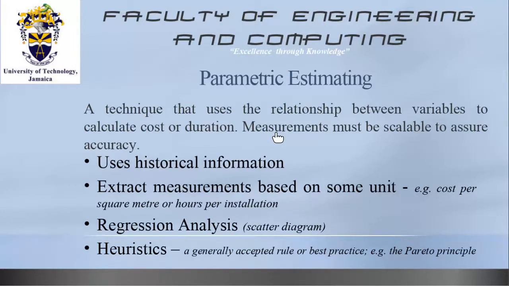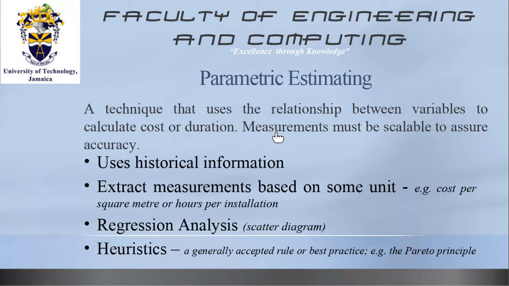For this particular estimating method, historical information is used, and it is also a form of extracting measurements based on some units. So once you get, for example, the cost per square unit or the hours per installation, you extrapolate under the parametric estimating technique.